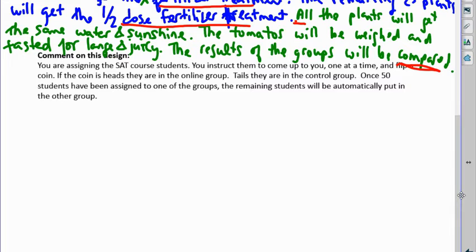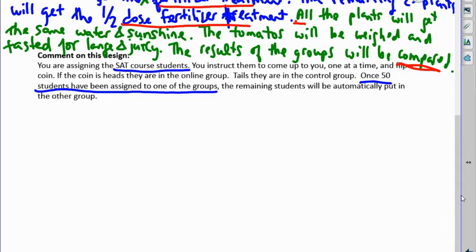Here we have an example where we're assigning an SAT course to students. I instruct them to come up to me one at a time, and I flip a coin. If the coin says heads, I send you to the online group. Tails, I send you to the control group. In this example, they said that once we get 50 kids assigned to one of the groups, the remaining students will automatically be put in the other group.